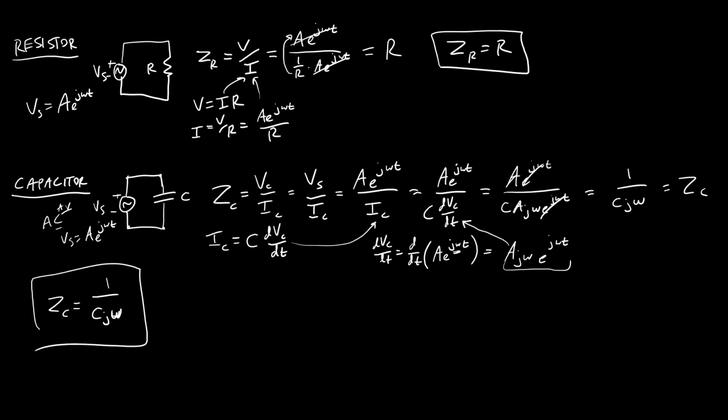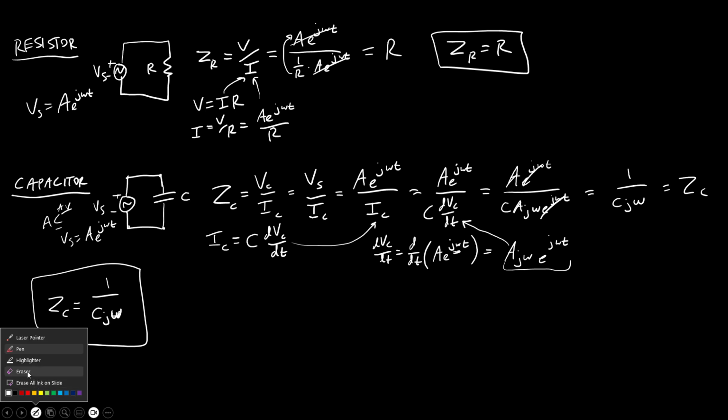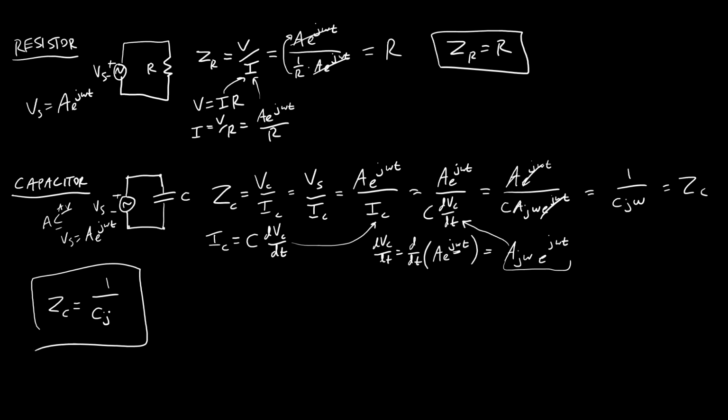So note that it's inversely proportional to capacitance. As capacitance goes up, impedance goes down. And let's look at what happens in the limits for omega. As omega approaches 0, or we have a DC or constant signal, then Zc, the impedance of the capacitor, is going to approach infinity.